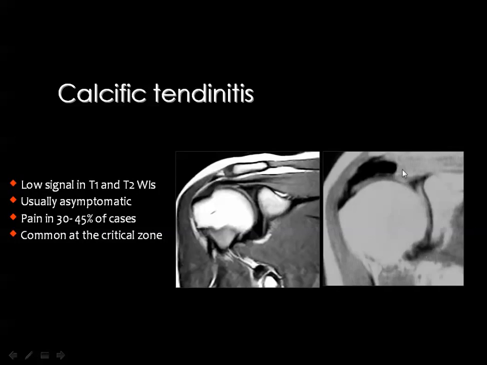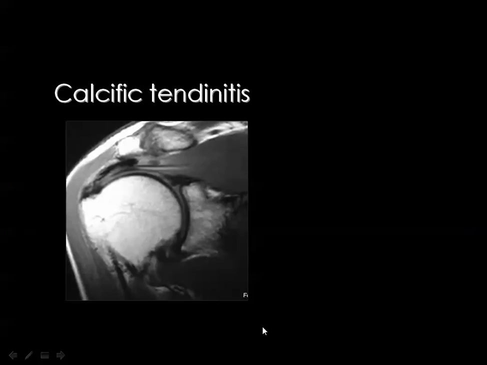But whenever calcium is deposited in the tendon, it will also show low signal in MR images, but you can appreciate that the tendon is not of regular thickness or outline. You see the abnormal contour of the tendon and the irregularity of the margin.